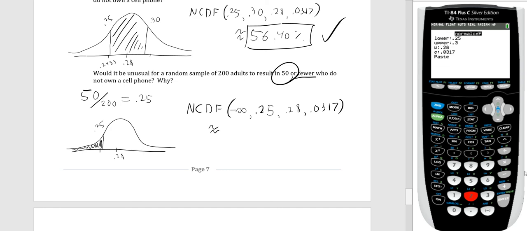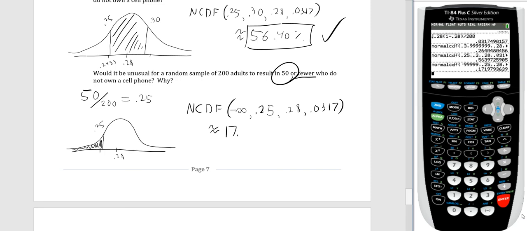And we get negative 999 for my lower bound, followed by 0.25, and the same mean and standard deviation as the previous two questions. We already know this is not going to be that bad. 17.20%. That is greater than 5%, so no. This is not unusual.